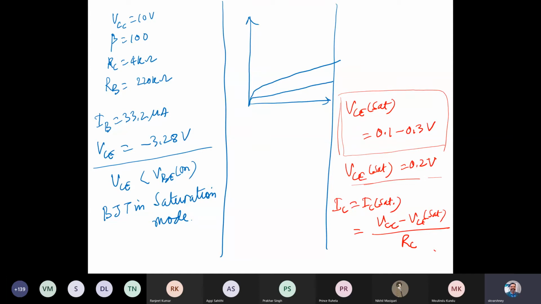In your case this is 10 minus VC saturation, let's say 0.2, divided by RC, 4 kilo ohm. That would give you the saturation current, IC saturation, right? We consider that IB is, let's say, 33.2 microampere. Can you just tell this number? 9.8 divided by 4.